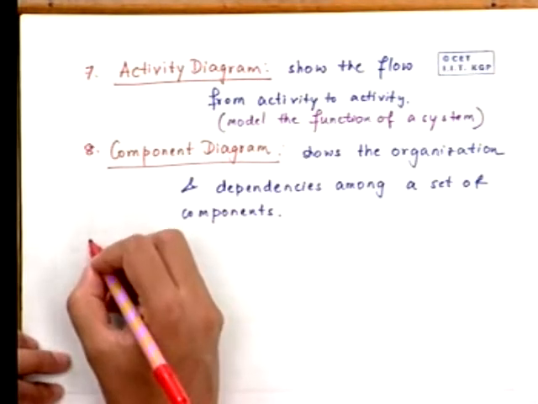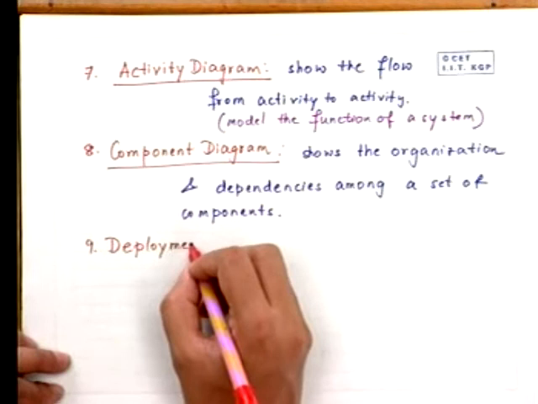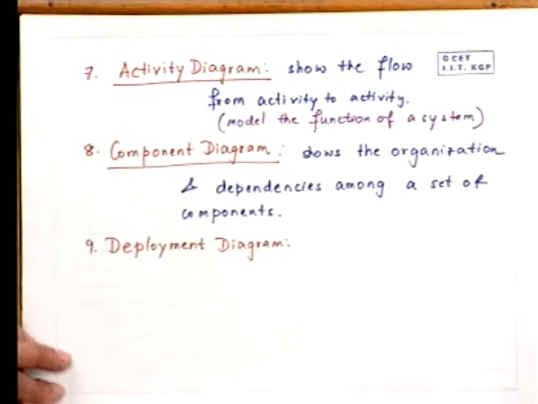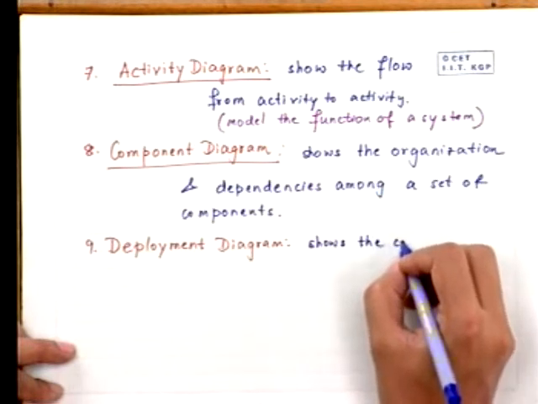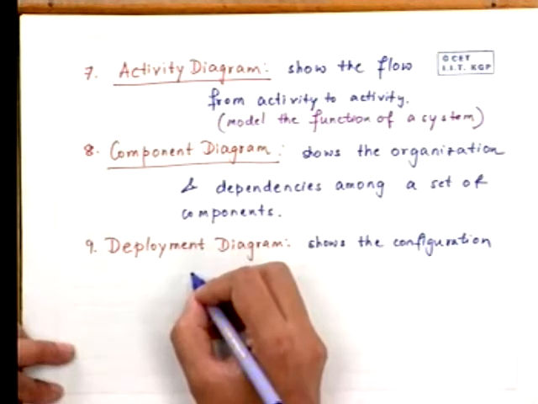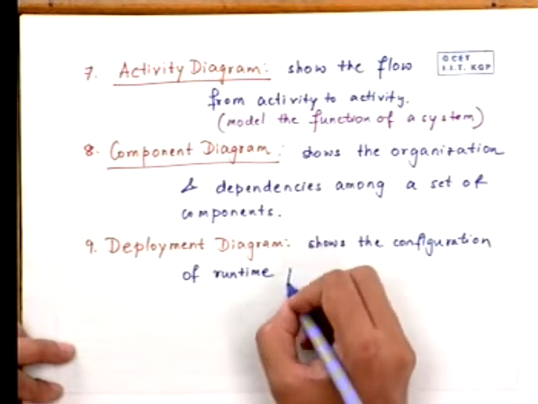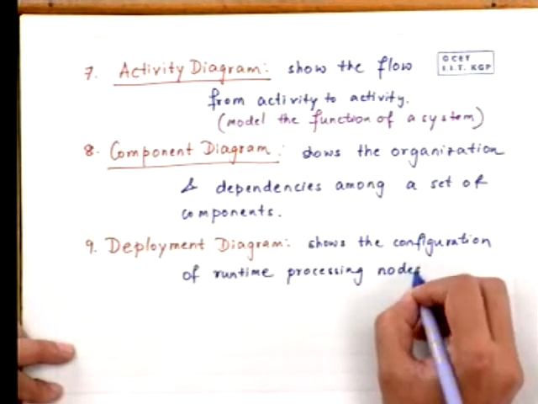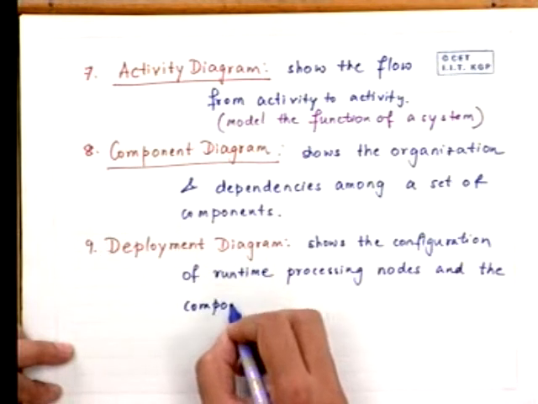The last type of diagram is the deployment diagram. It shows the configuration of runtime processing nodes and the components that live on them.